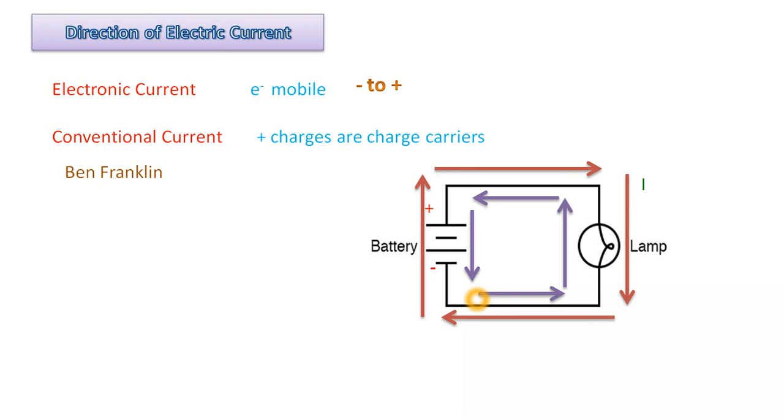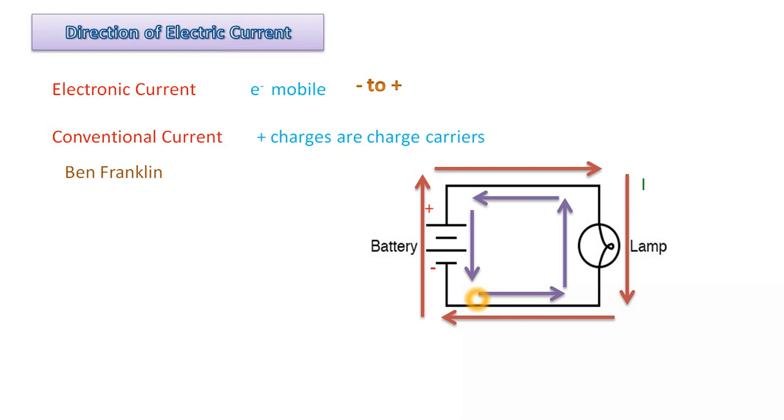Current should flow from the positive terminal towards the negative terminal through the external circuit. Since this convention was set long back by Franklin, this current is termed as conventional current.